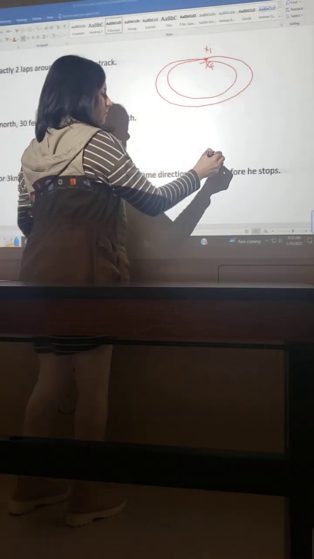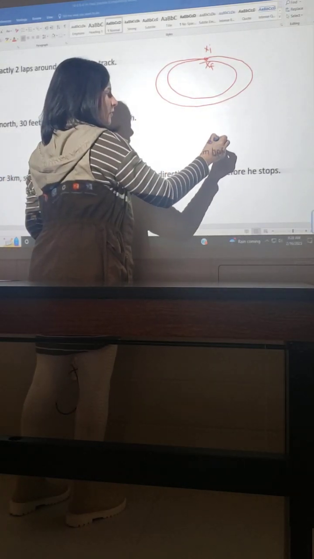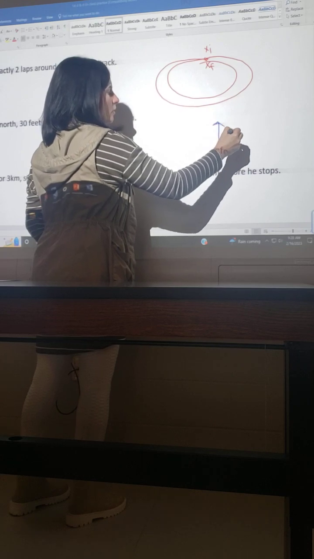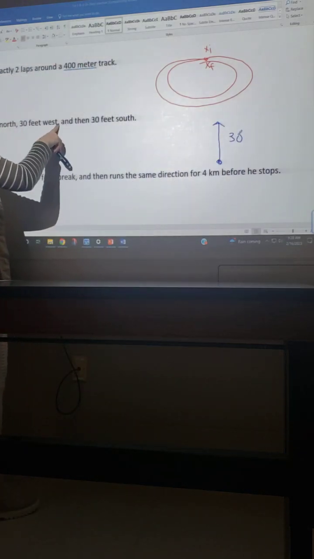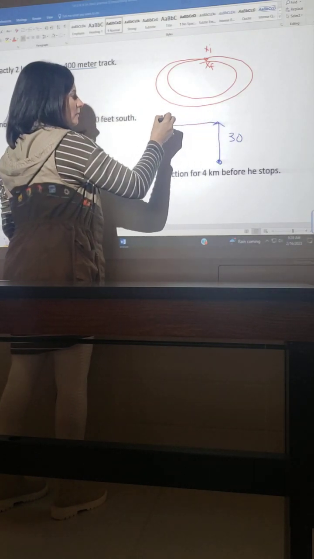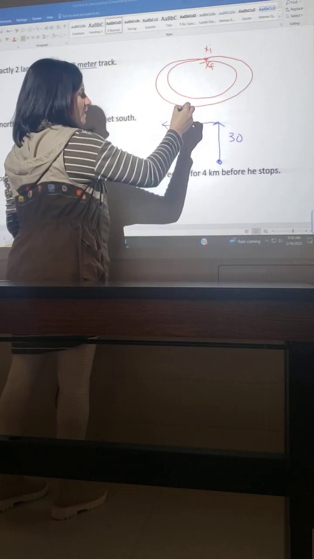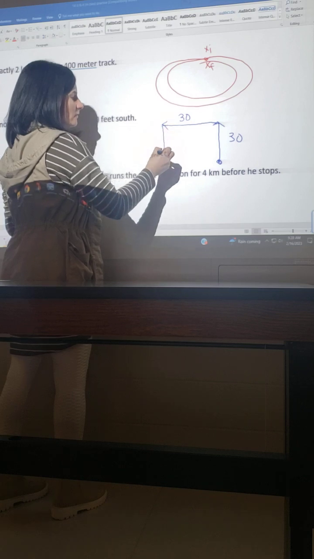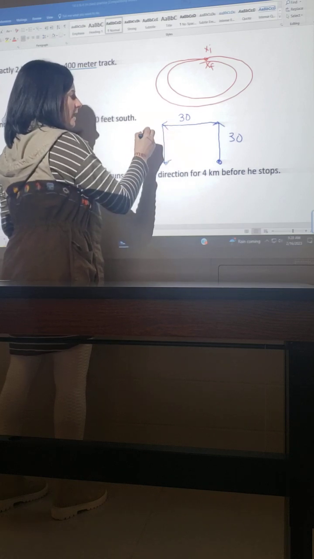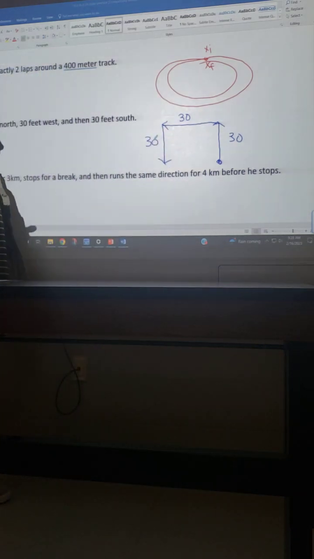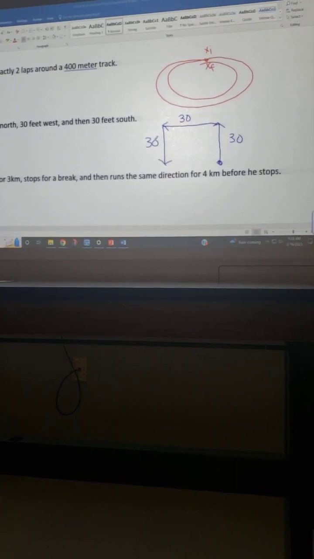Okay, so going to go 30 north. My next direction says 30 feet west. And then it says 30 feet south. Now, because it's 30, 30, 30, I'm trying to make my arrows the exact same length. Is it perfect? No, but it's okay. You're trying to keep it reasonable.